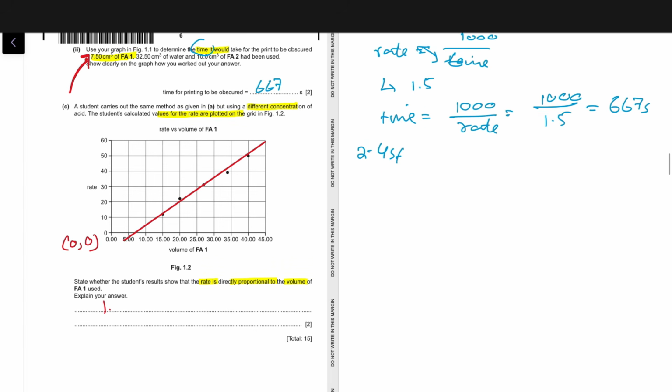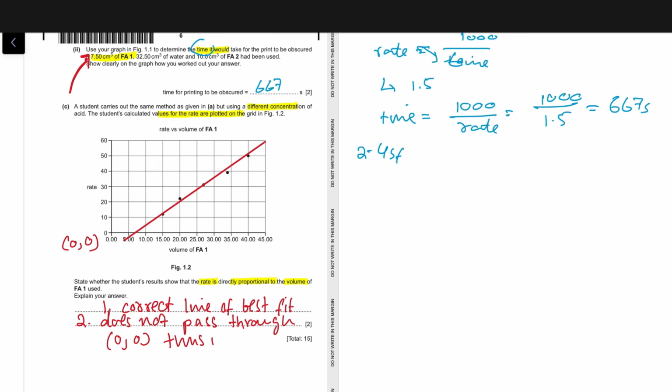So our first mark would be for the correct line of best fit. The second mark is that it shows the line does not pass through the origin, or 0, 0, thus not directly proportional.